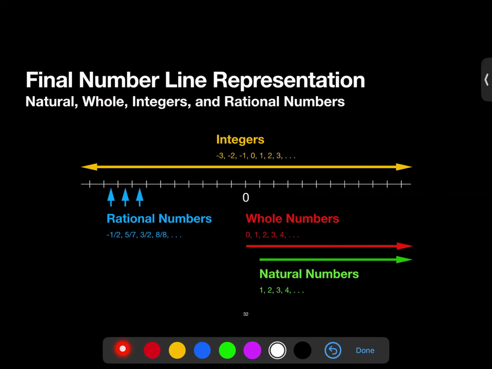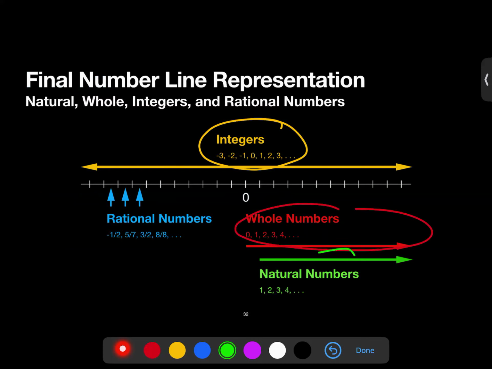So on the number line, remember, the whole number line is integers, whole numbers starting from 0, and natural numbers starting from 1. So rational numbers is everything you see in between. So for example, here's 1, 2, 3, 4. Here might be 1 over 2. Here might be 3 and 1/2, so 7 over 2, for example.